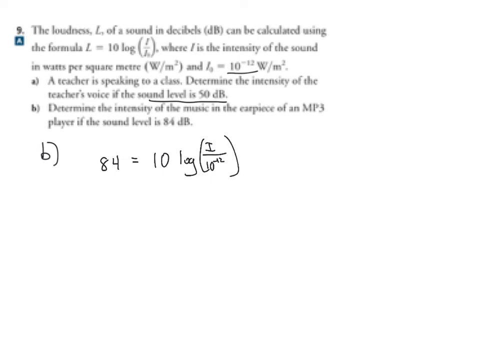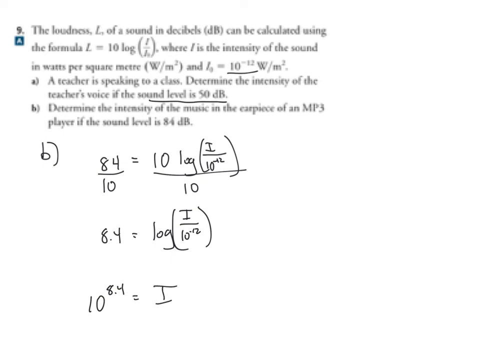And so we can say divide both sides by 10 again. 8.4 equals the log of I over 10 to the negative 12. So this is base 10, so we're going to say 10 to the power of 8.4 equals I over 10 to the negative 12. Multiply both sides, so this is 10 to the negative 12 times 10 to the 8.4 equals I.